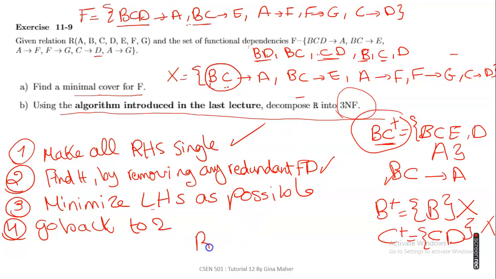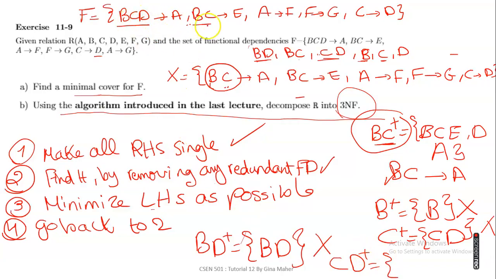Let's check for BD. We cannot add the A because we don't have the C. We cannot add the E because we don't have the C. A cannot be added, F cannot be added, so this replacement cannot be done. Since this one cannot be done, no need to check the D closure alone. Now, let's check the last one, which is CD.